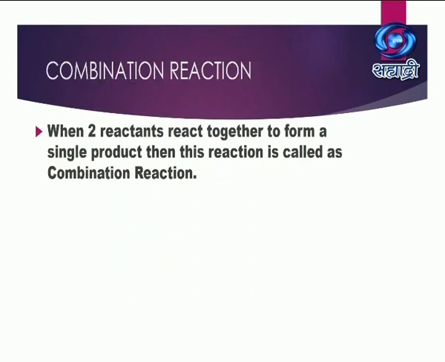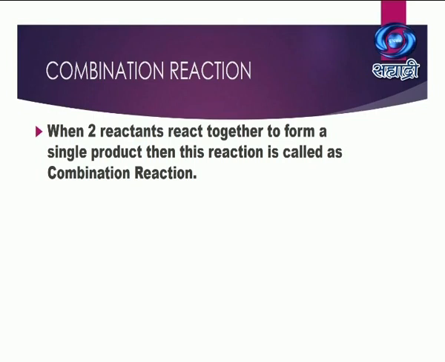Combination reaction, as the name itself suggests, combination, that means combining 2 different reactants. If you remember the definition according to the meaning of this particular word, it is easier for you to memorize the definitions. So as I said, combination, it is combining 2 reactants.